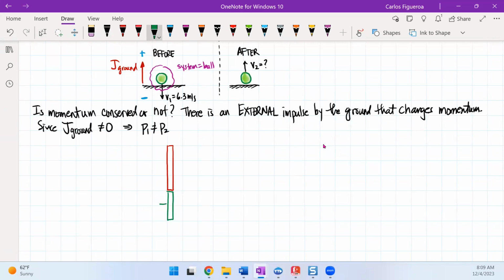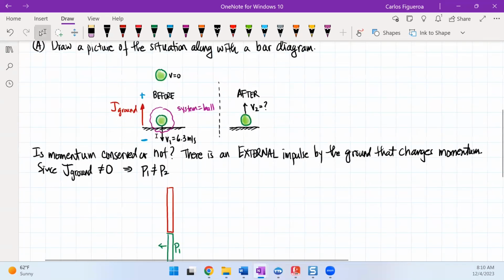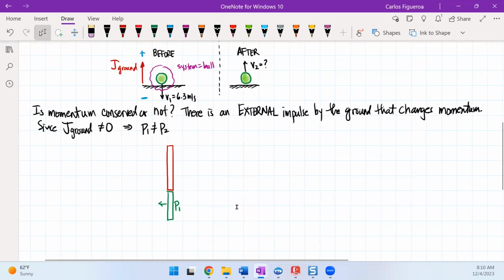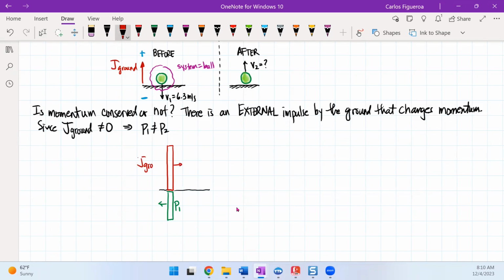And I'm going to say that this momentum is P1, and you could see that the way I define the momentum of the ball is that V1 is negative, so therefore the momentum of the system initially is negative, but the impulse is pointed in the positive direction. And this is what changes the momentum.